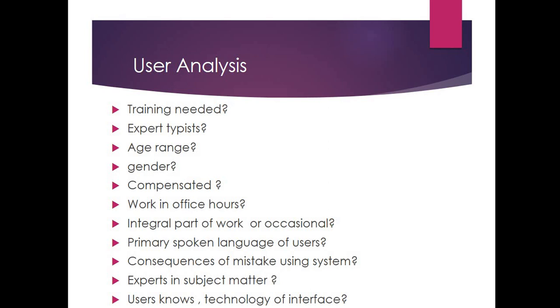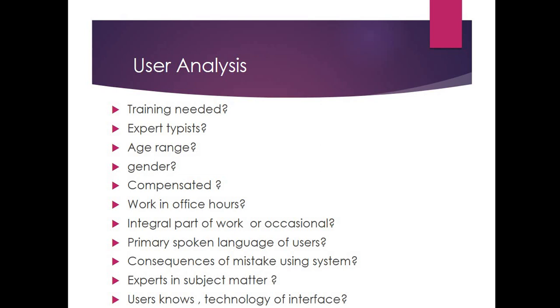If they don't have the training, whether training is needed or not, that has to be identified. Then the next one is whether the users are good at typing or not. If they are not good at typing, which user interface do they prefer? That has to be identified.